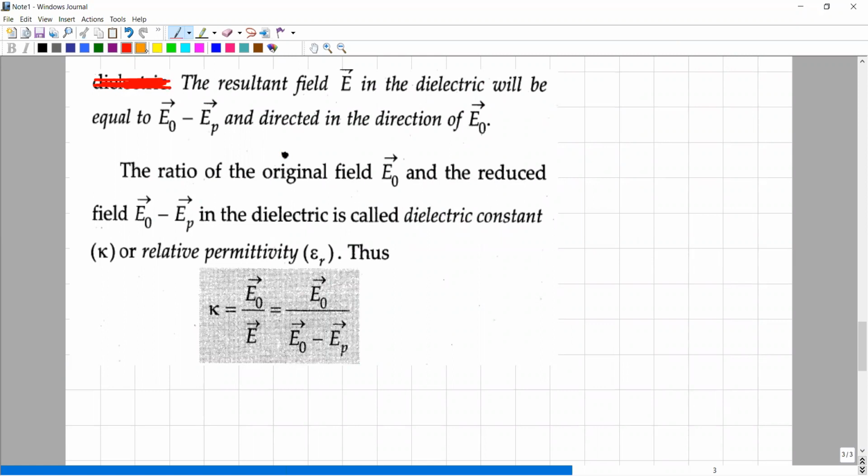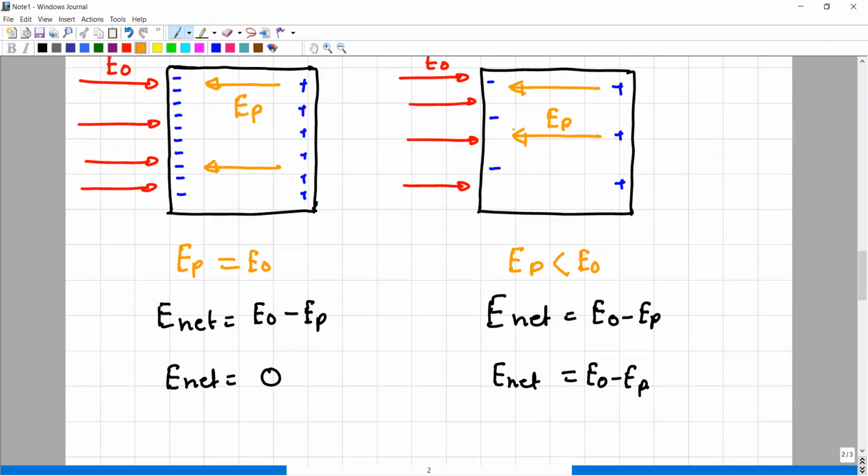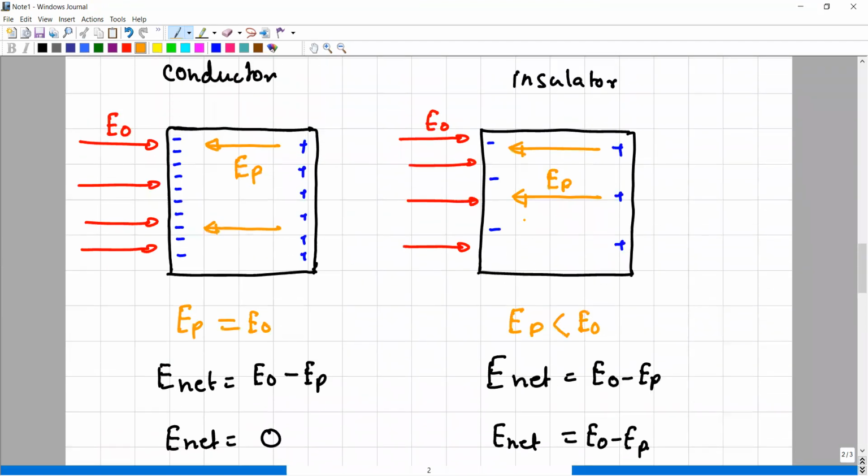The resultant electric field in the dielectric will be E naught minus EP, and it will be in the direction of E naught. So the resultant electric field will be in the direction of the original. Where is the resultant electric field in the case of insulator? It is in this direction only.